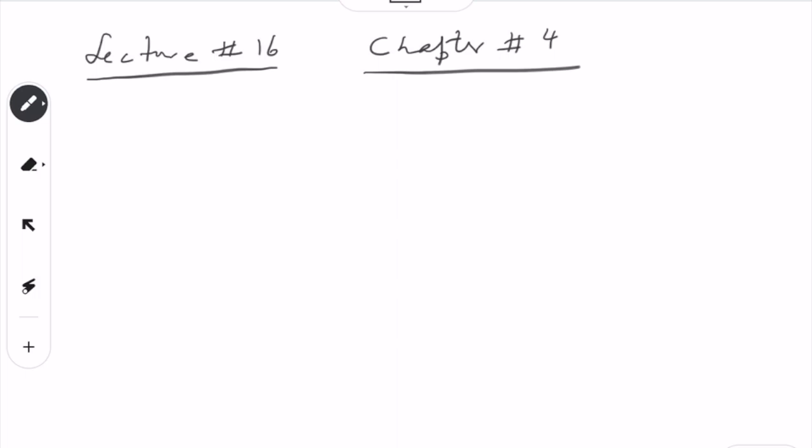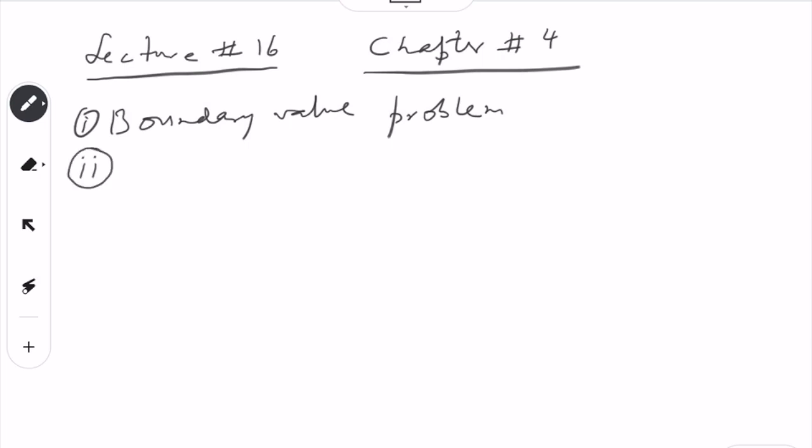So the story so far is there is a boundary value problem, and we want to solve it. Since an exact solution may be difficult to obtain a lot of times, we want to have an approximate solution.